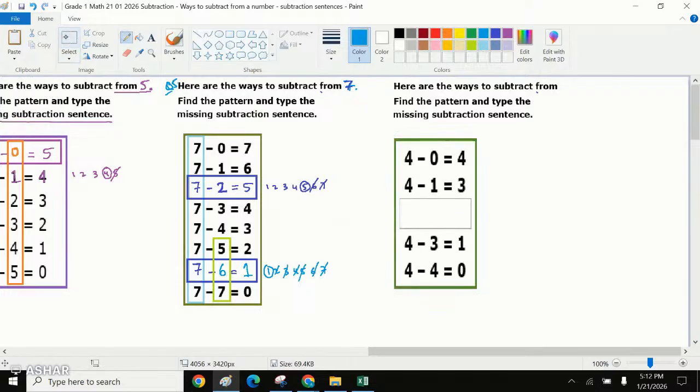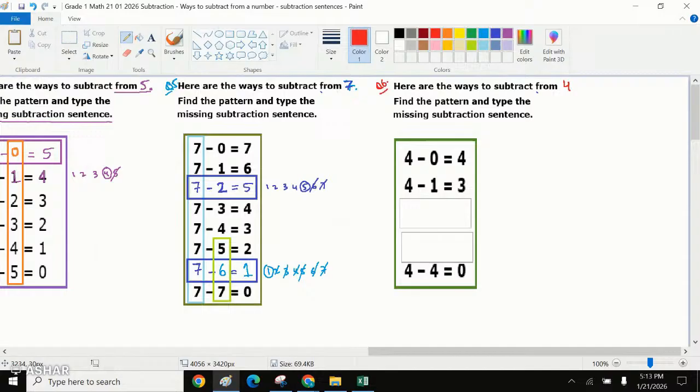So rather than 1 missing, if I say we have 2 missing over here, 2 consecutive missing statements. Subtract from 4. This was our question number 6.